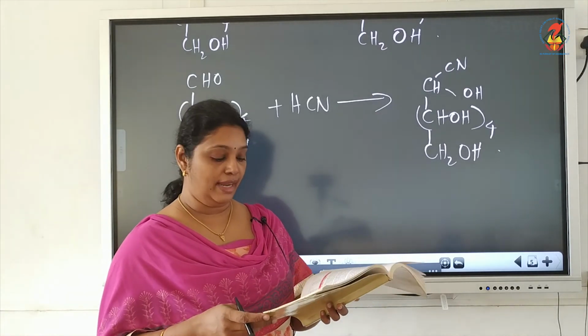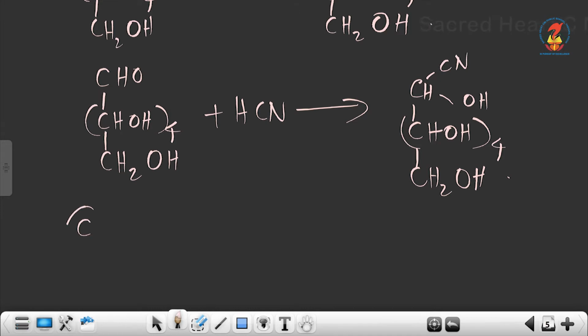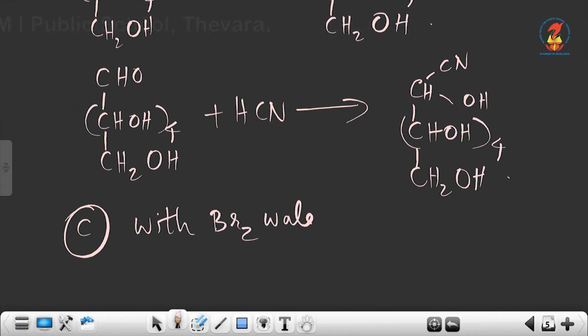Now the third reaction is C. Glucose on oxidation gets oxidized to gluconic acid, that is with a mild oxidizing agent like bromine water. So with bromine water, a mild oxidizing agent, we got gluconic acid as the product.